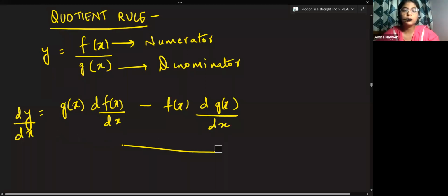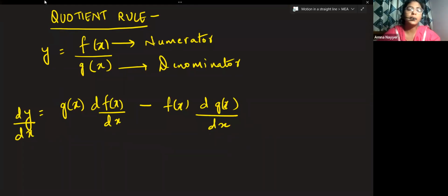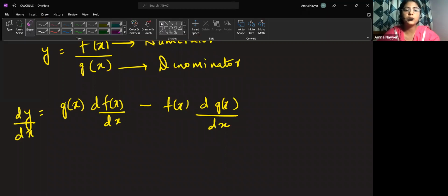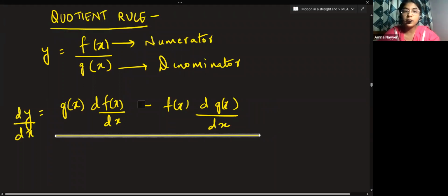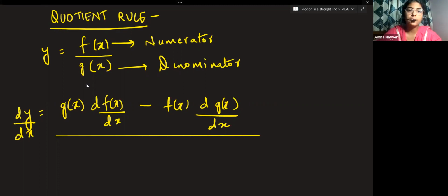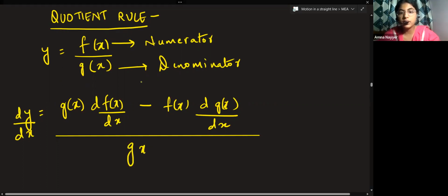You have to divide it and write the square of the function given. This everything gets divided by the square of the denominator. Whatever is the denominator function given to you, just square it. This is how to perform quotient rule. This won't get clear directly. Let's solve it with the help of an example.